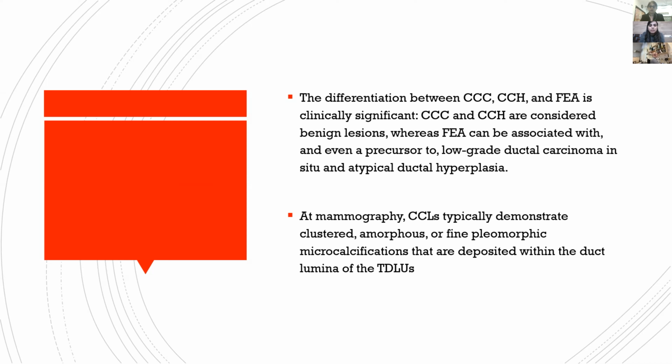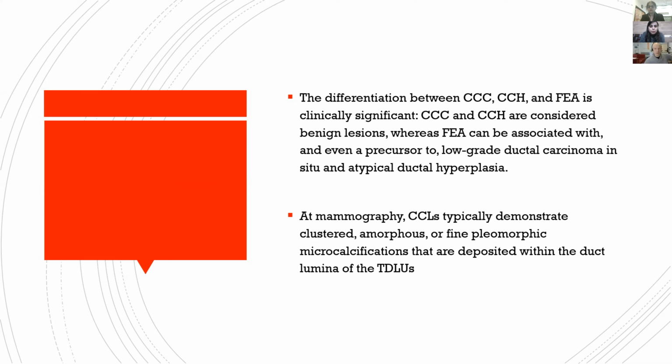So basically, these columnar cell lesions are a new entity in the WHO breast classification 2019. Earlier, it was usual ductal hyperplasia and atypical ductal hyperplasia, but now columnar cell lesions are in between the two. And in columnar cell lesions, we have three things: flat epithelial atypia, columnar cell change, and columnar cell hyperplasia.